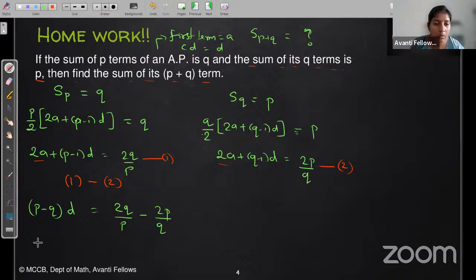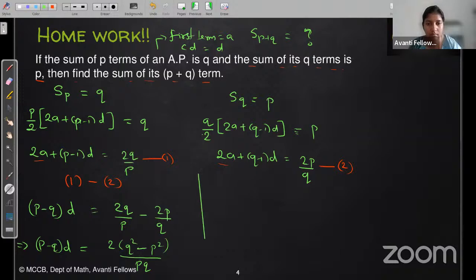Right? Now what will this p minus q into d be equal to? It will be 2 into q square minus p square divided by p into q. So I'll just continue this here itself. Now, I can write p minus q into d is equal to what?